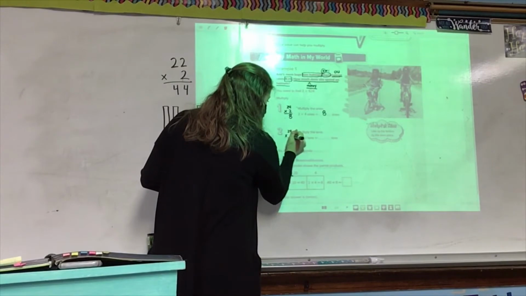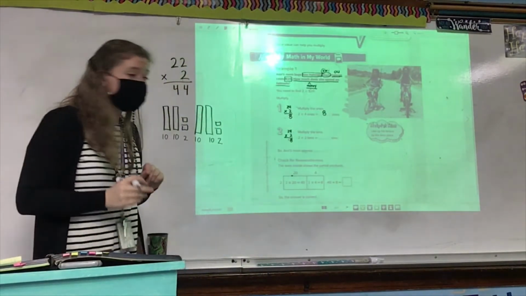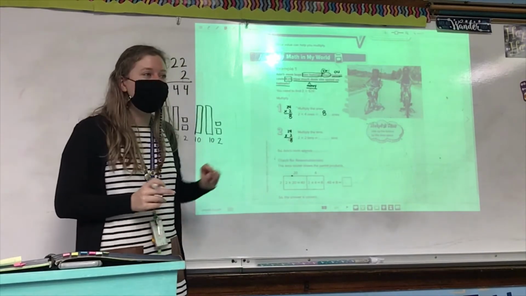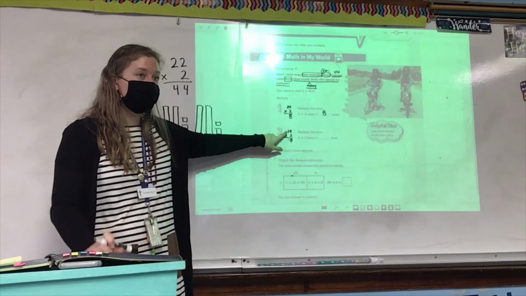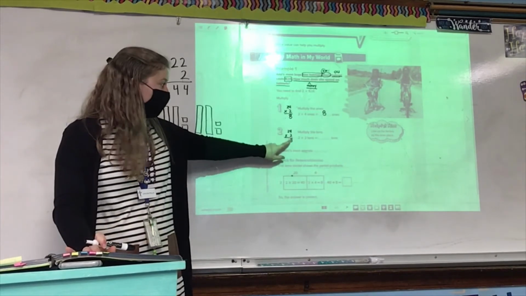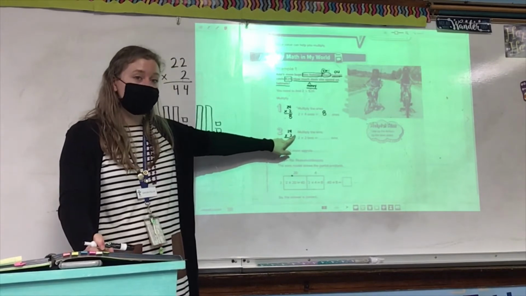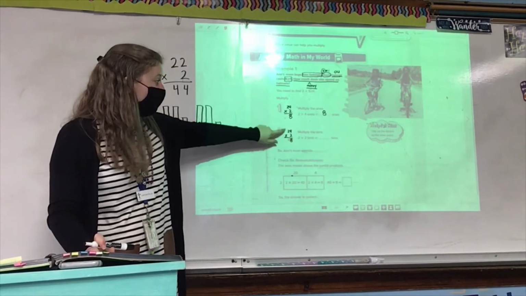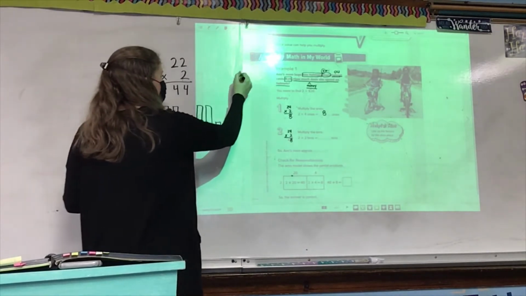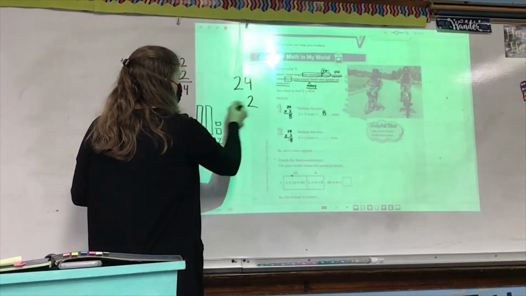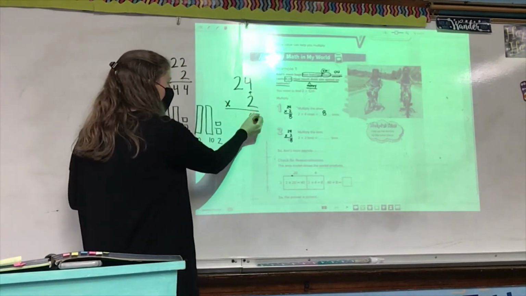So I want you to retrace. We already know that the ones is 8. When we get to the tens, we're not saying this digit in the tens, 2, times nothing. We have to take this bottom factor, which is 2, and multiply it by the tens too. So multiplication looks like this. 2 times 4 is 8.